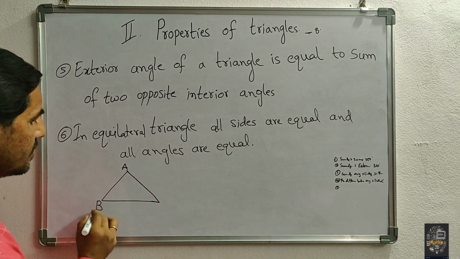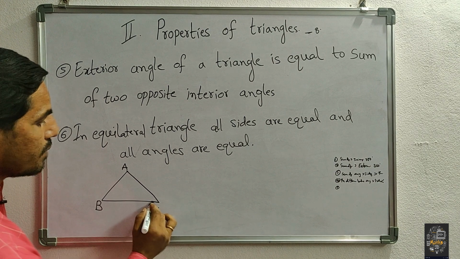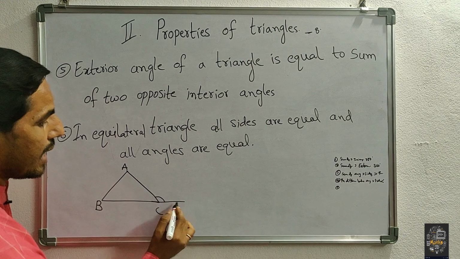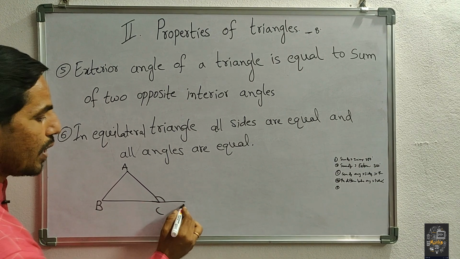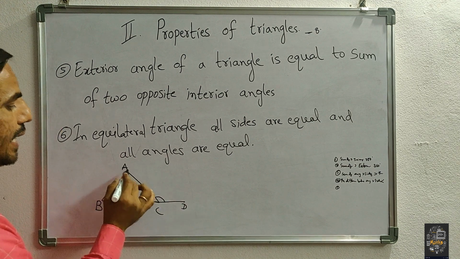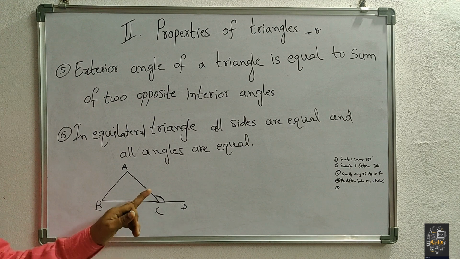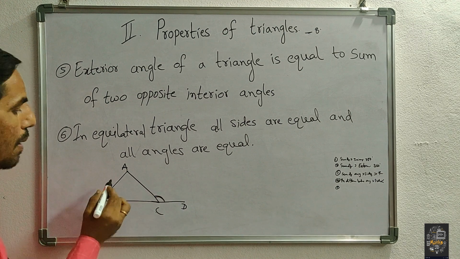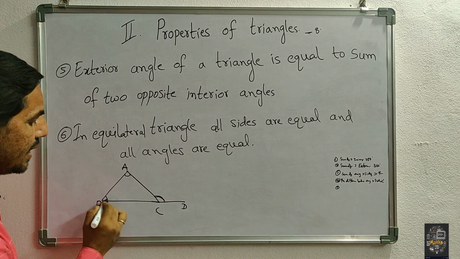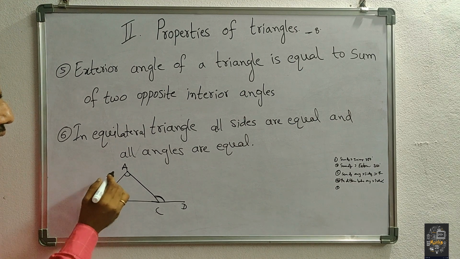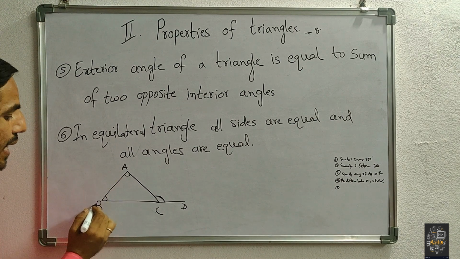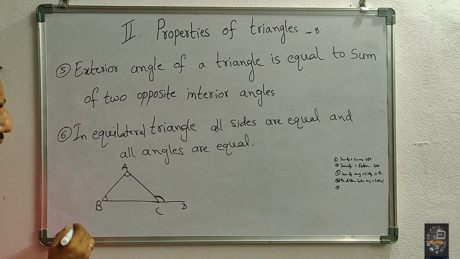ABC triangle. So I am taking here angle C, the exterior angle. For example, I am taking a point D. ACD is the exterior angle. The exterior angle is equal to the sum of two opposite interior angles. So here angle A is interior and angle B is also interior.